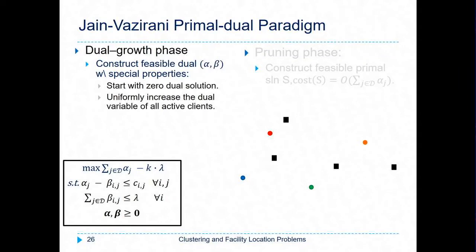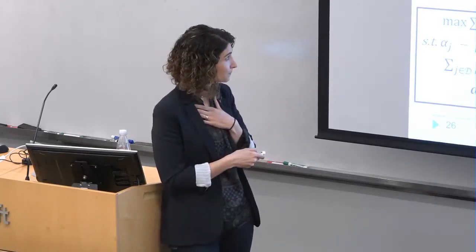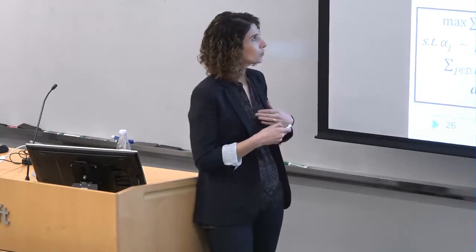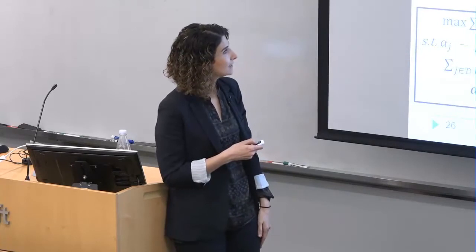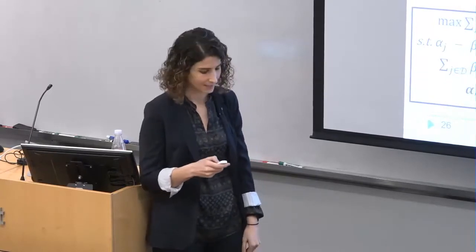So the dual growth phase is as follows. We start with the feasible dual solution 0, 0 to this dual, and we always maintain a feasible dual solution. I'm going to explain the algorithm using a picture. The algorithm starts with zero dual solutions, and we uniformly increase the dual variable of all active clients. In the beginning, all the clients are active.